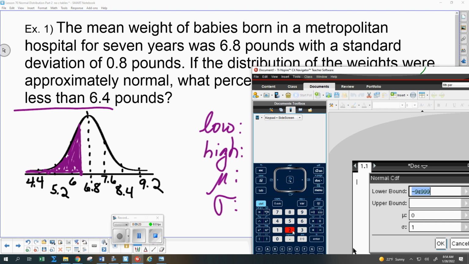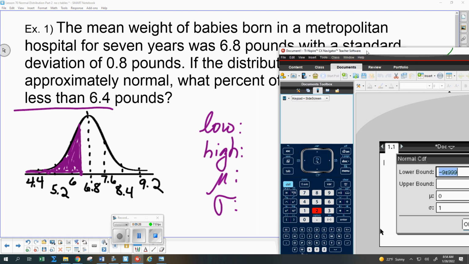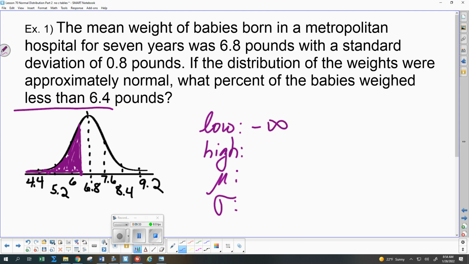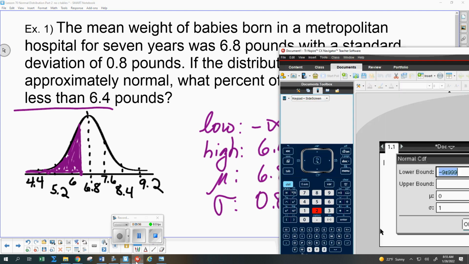So if you are using the default on your calculator, the one that's already shown on there, you may write down that you are just using the negative infinity. You could write out the word default if you wanted to, but that's longer. Trying to get us something shorter to write there. Then you're going to put 6.4 in for your high, 6.8 in for your mean, and 0.8 in for your standard deviation. So let me do that on mine as well here.